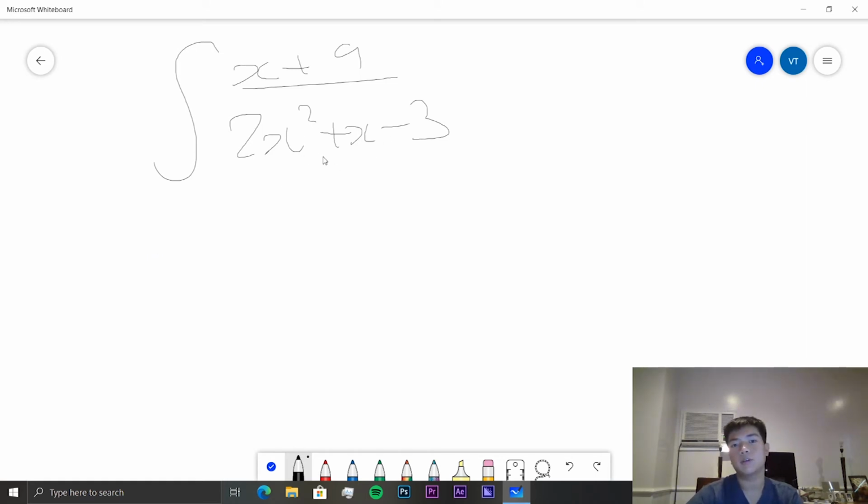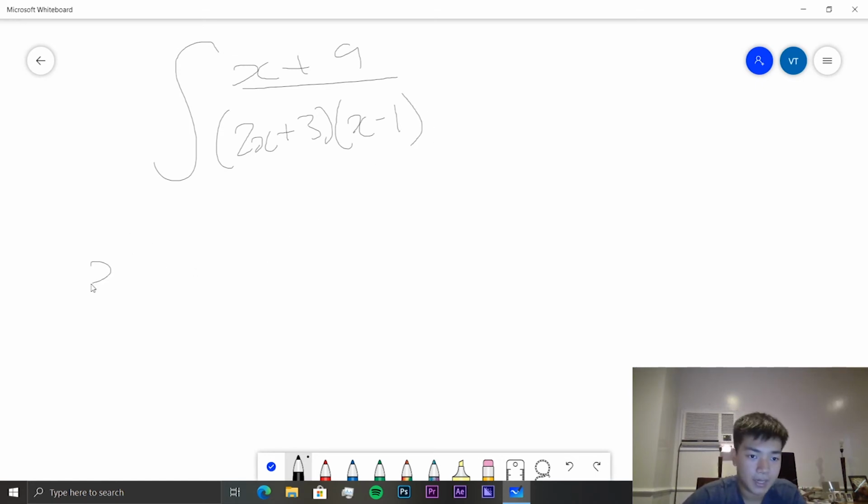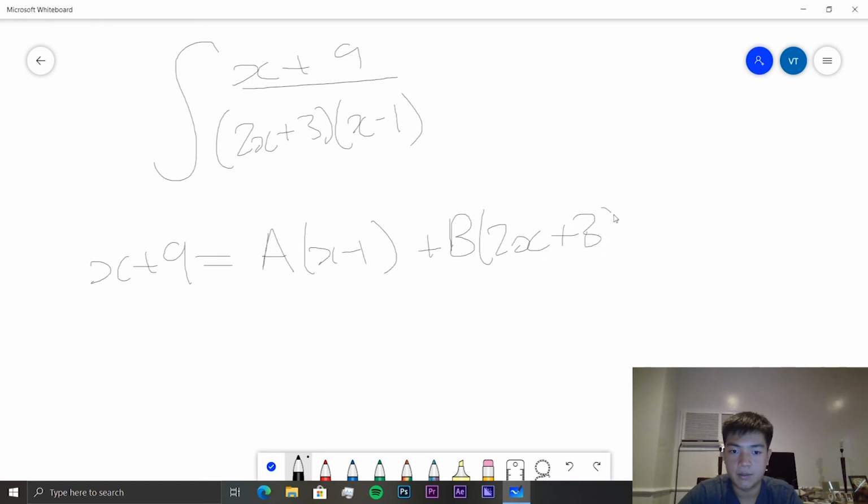2x² + x − 3 is equal to (2x + 3)(x − 1). So we know that x + 9 is equal to a times (x − 1) plus b times (2x + 3). We covered this a long time ago.